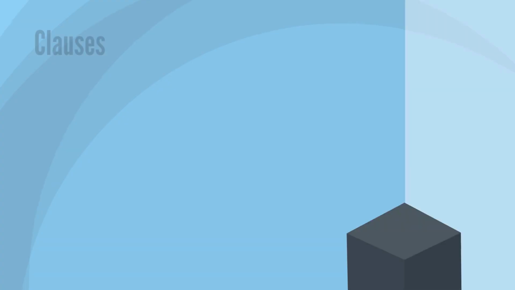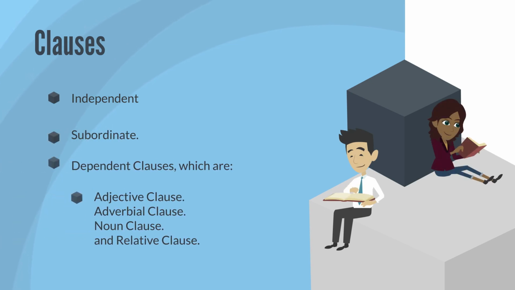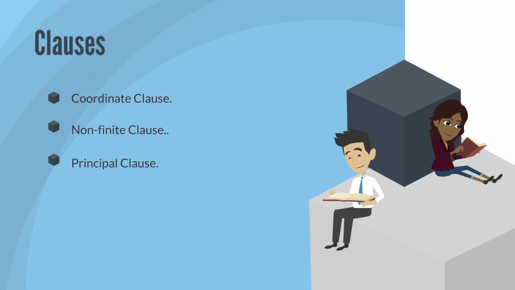They are independent, subordinate, dependent clauses, which are Adjective Clause, Adverbial Clause, Noun Clause, and Relative Clause, Coordinate Clause, Non-finite Clause, and Principal Clause.